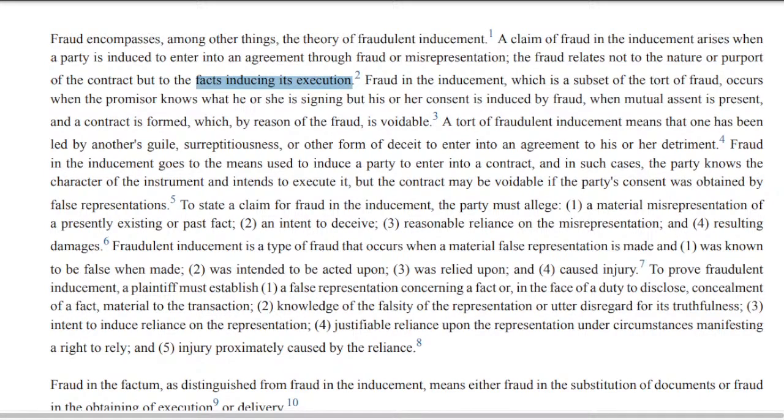Facts inducing its execution. Fraud in the inducement, which is a subset of the tort of fraud, occurs when the promisor knows what he or she is signing, but his or her consent is induced by fraud. When mutual assent is present and a contract is formed, which, by reason of the fraud, is voidable.